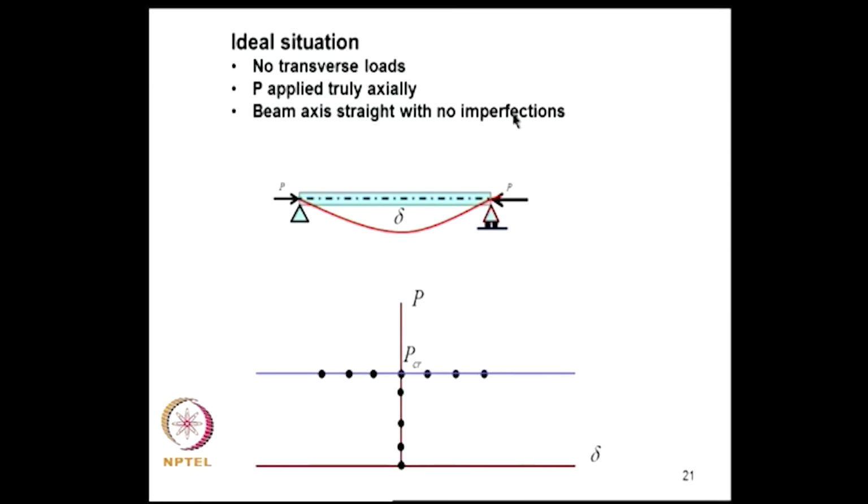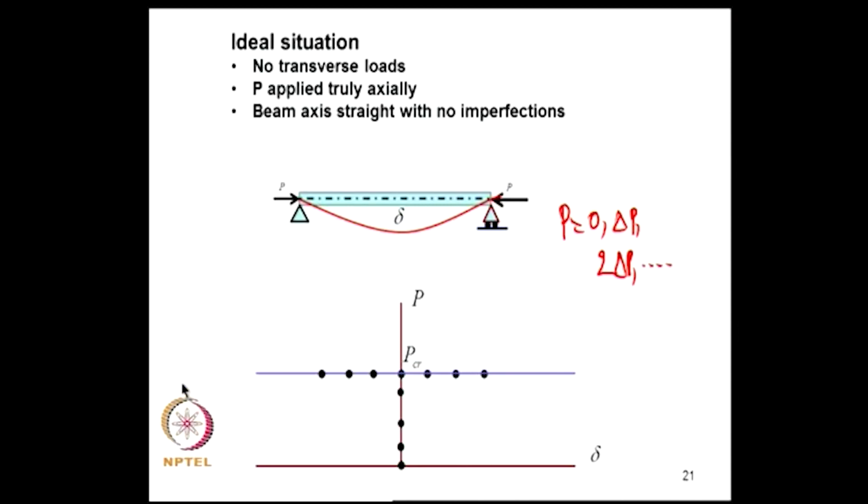So, we can do a thought experiment. We consider the beam loaded as shown here, satisfying these specific requirements. What we will do is increment P in steps of delta P. I will start with 0, delta P, 2 delta P, and so on.